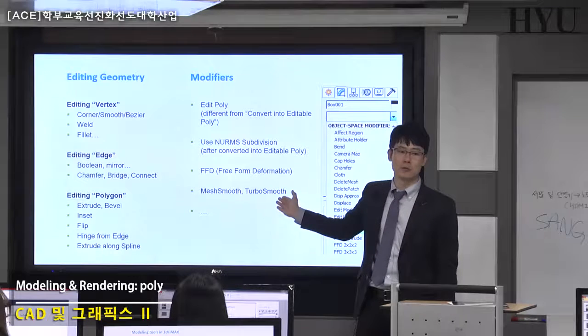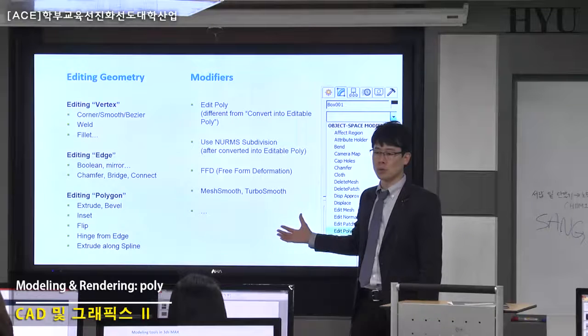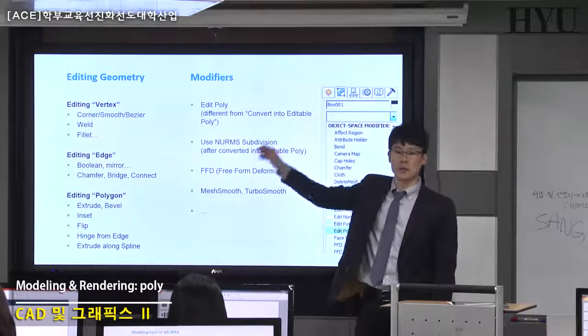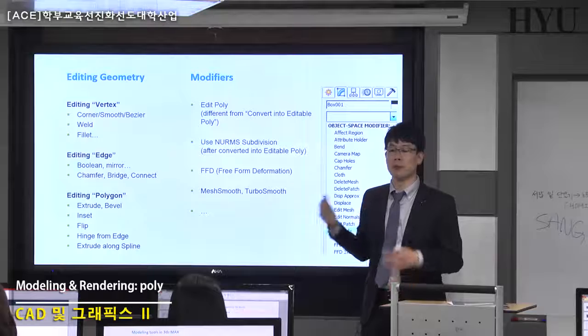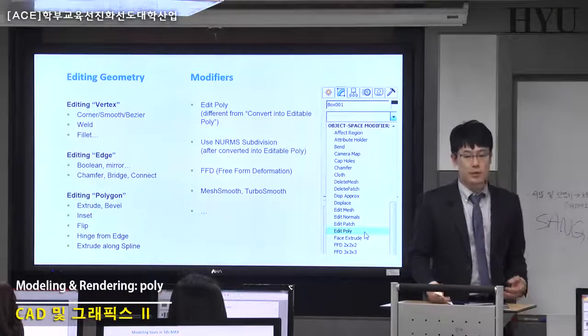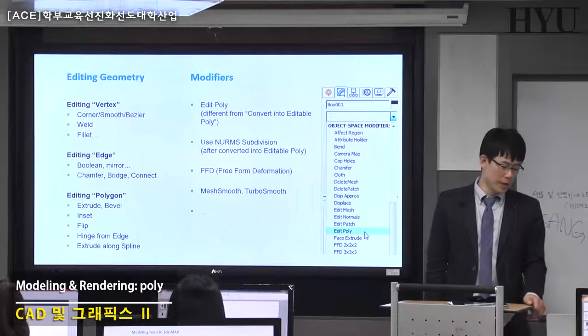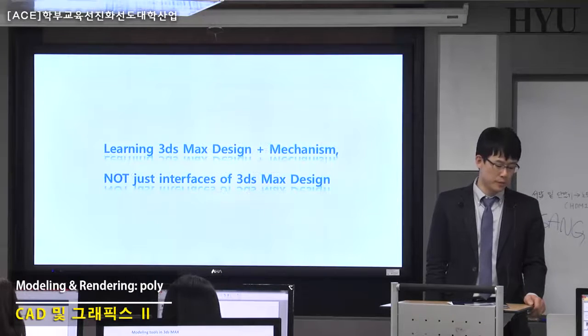We're going to deal with this one probably after next week. You can control some external points and make a very complicated shape, mesh smooth, turbo smooth, and so on. Probably next after next week.